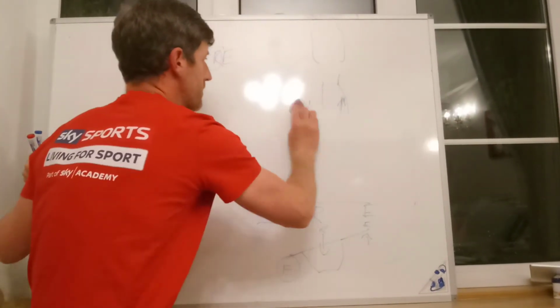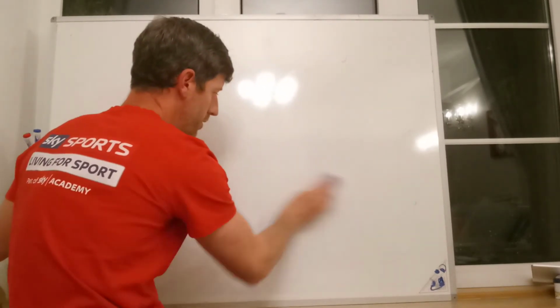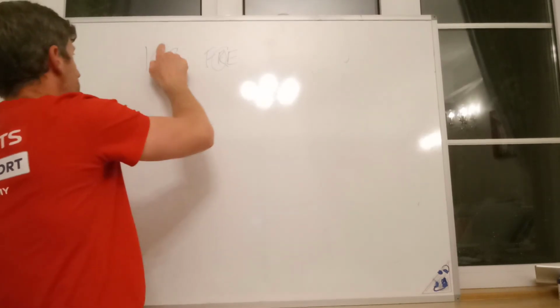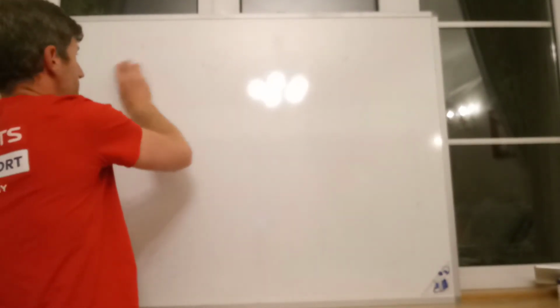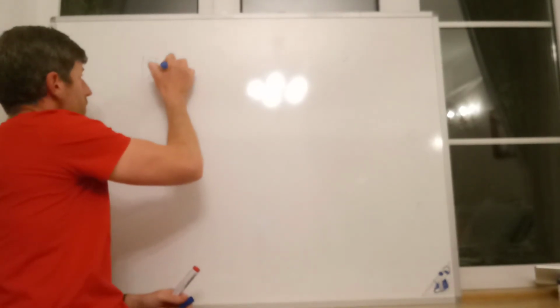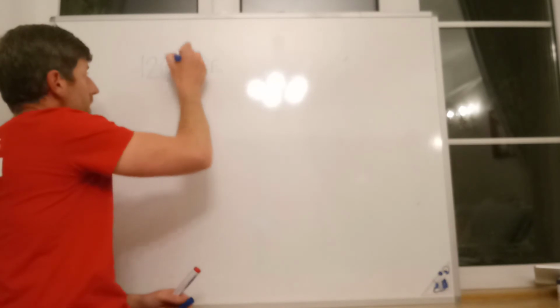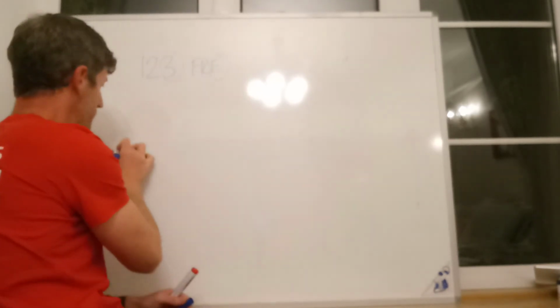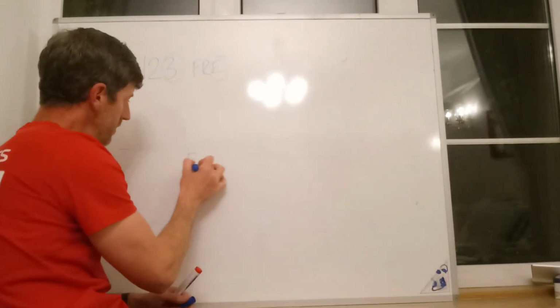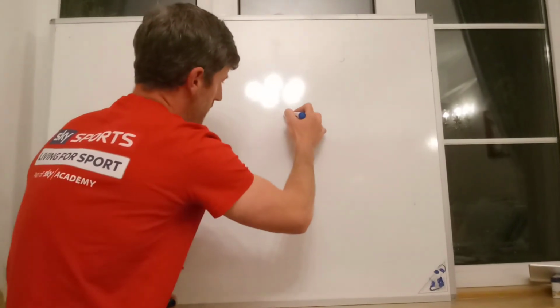Now we have a look at the last one, and this is the most common one in our body. Remember, nearly finished guys, 1, 2, 3, F, R, E. For class 3, the effort is now in the middle. We're going to have a look at the bicep.